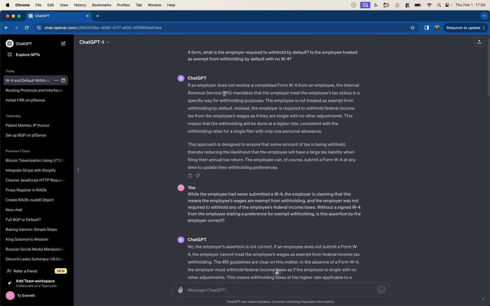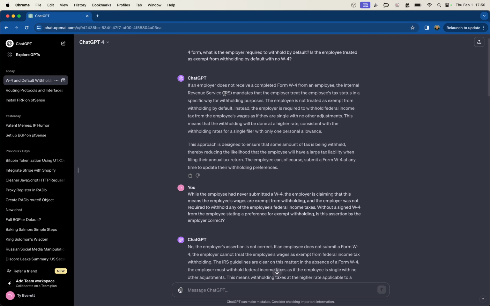That's the first question here in our situation. So we find ourselves with an employee who has no W-4 on file, and an employer who might be trying to claim that that means the employee is exempt from withholdings.